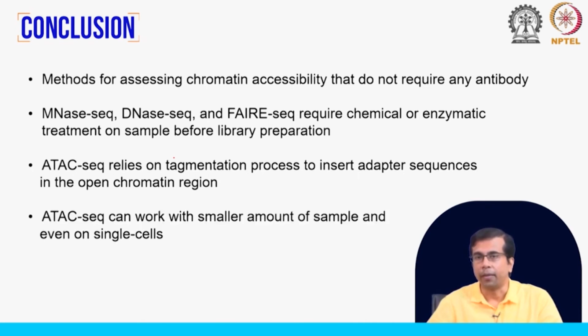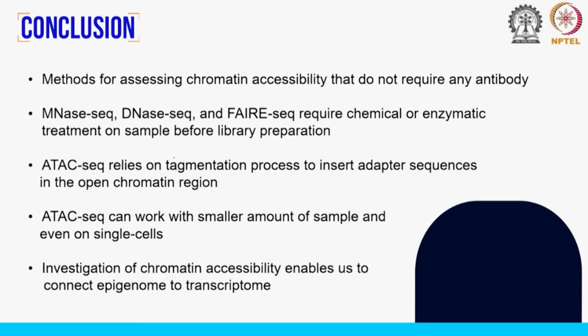ATAC-seq can work with a smaller amount of sample, and even on single cells, so we have single cell ATAC-seq datasets. And by looking at chromatin accessibility, we can start to connect the epigenome with the transcriptome. We know which regions are open and available for binding by transcription factors, or where RNA polymerase can bind. This can then be associated with the transcription state of the cell.